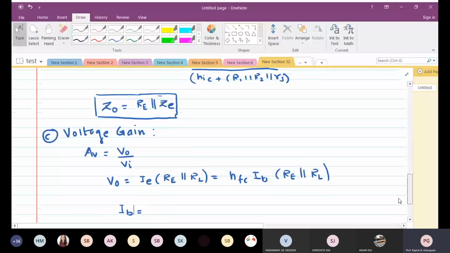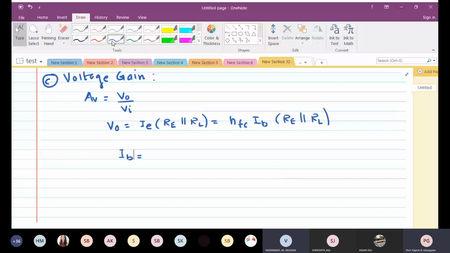It is as if I am having this voltage source. Let's not get confused with this. This is Vi, which is in parallel with the R1, R2, and all those things. Look at this Vi.